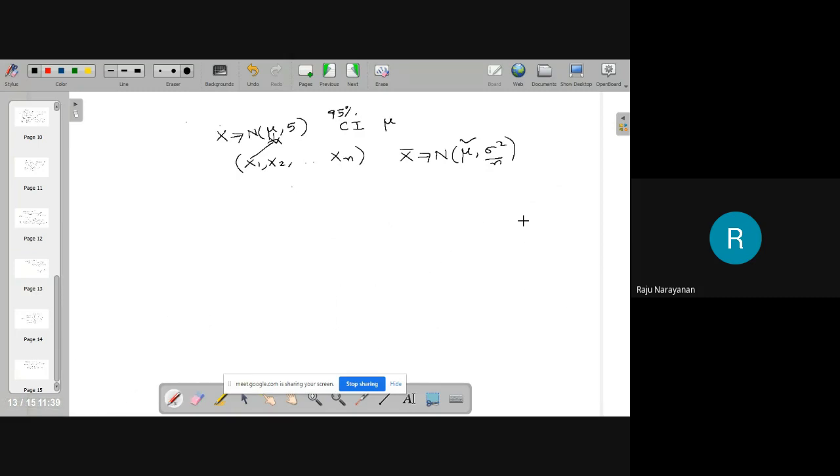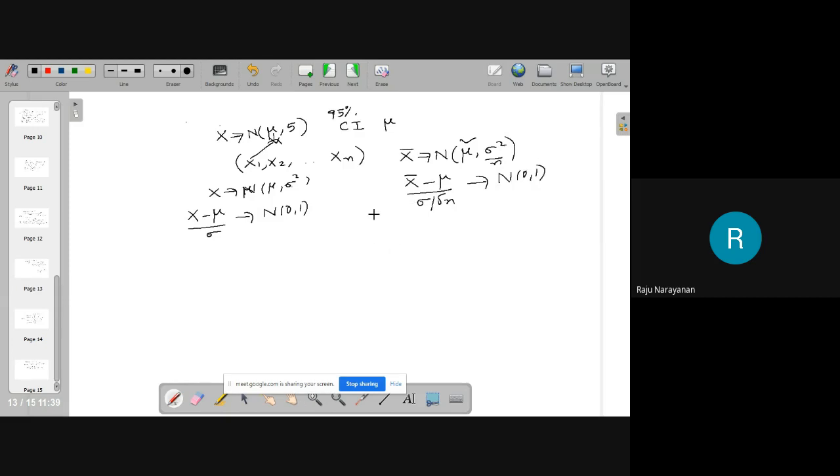Again, yesterday we discussed that if X follows N(mu, sigma square), then (X minus mu) by sigma follows standard normal. Therefore, (X bar minus mu) by the square root of the variance, sigma being the standard deviation, that is square root of sigma square by n, that is sigma by root n, follows N(0,1).